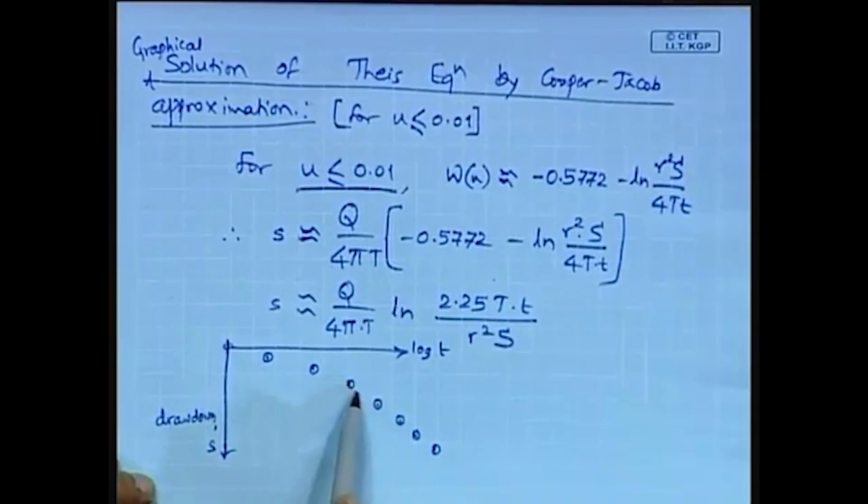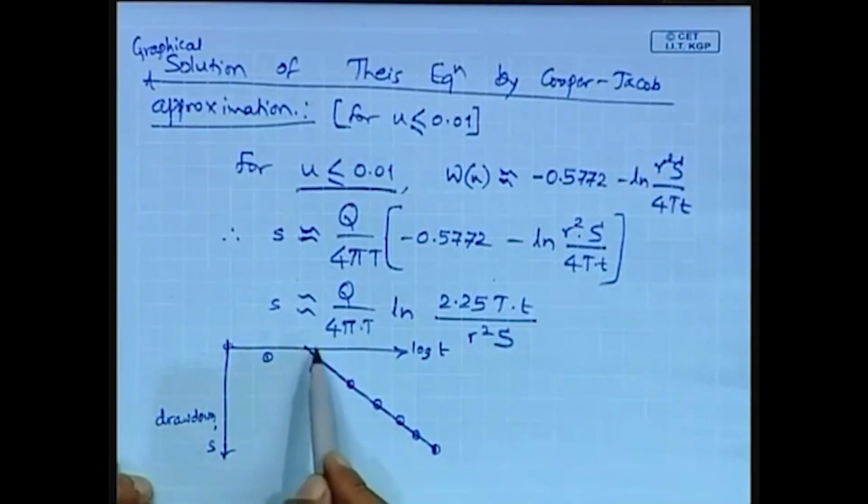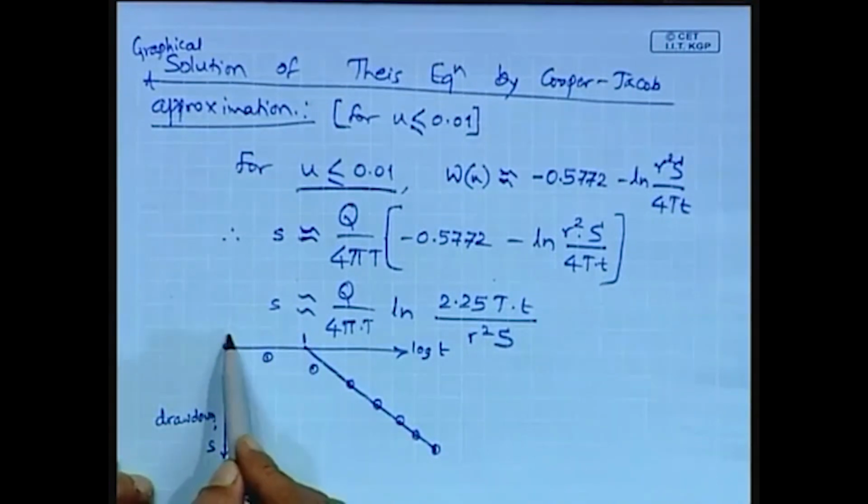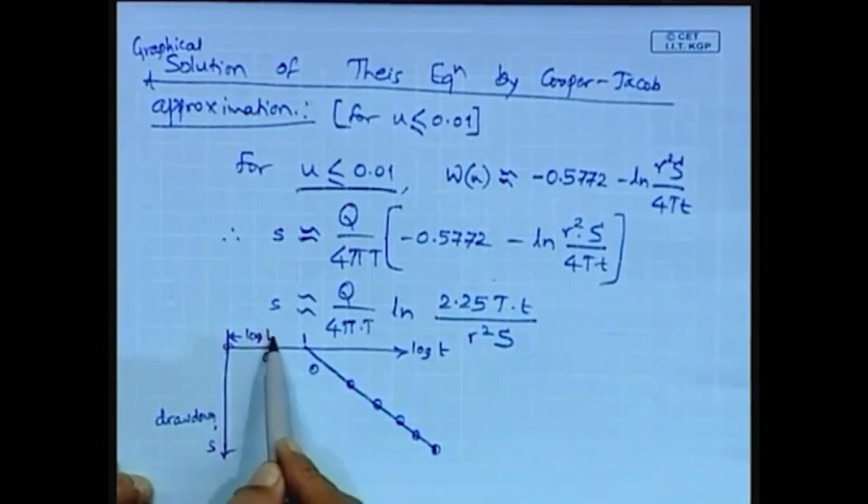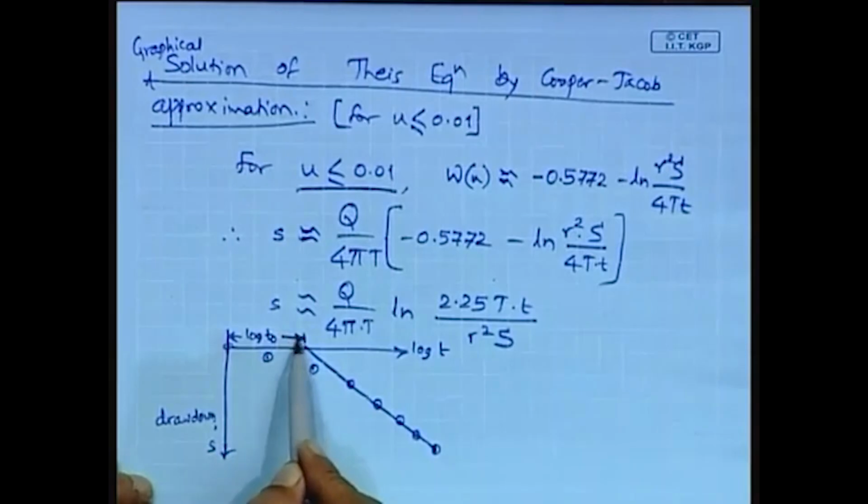The data points having the higher values of time form a straight line, and if we extend this, this is log of t 0.